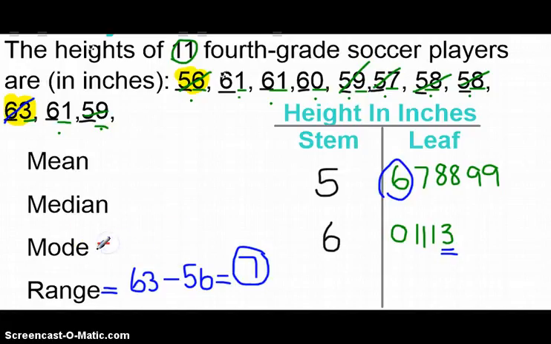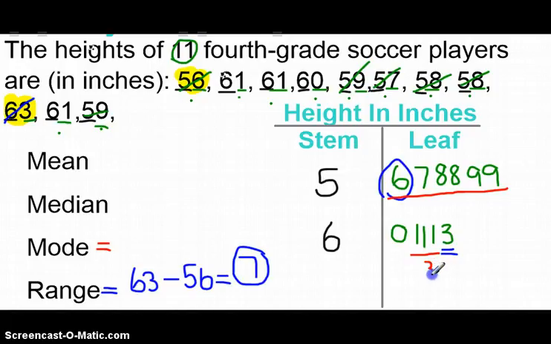Next, we could talk about the mode. The mode is the number that occurs most often. So what we could do is go leaf by leaf. If we are looking at these leaves, we see that 6 is 1, 7 is 1, 8 occurs 2 times, and 9 occurs 2 times. So far, 58 and 59 could be the mode. But let's go down to our next one. We have 0, 1, 1, 1.